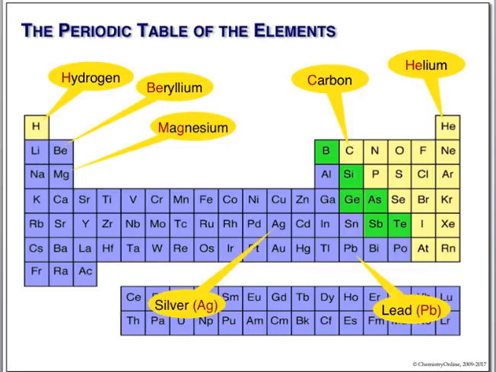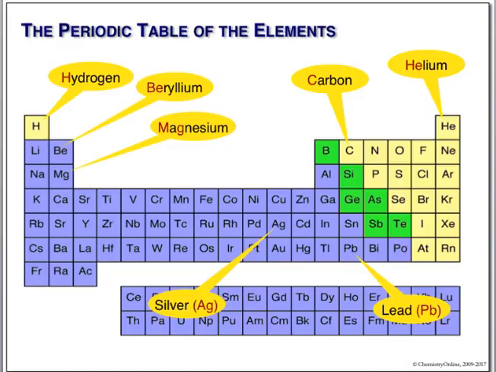Ag is silver, Au is gold, Pb is lead, Sn is tin, Sb is antimony. Here's iron. Common ones: Na is sodium, K is potassium. Those you just pretty much have to learn. Now, the periodic table itself kind of looks funny. We'll talk about why it looks funny.